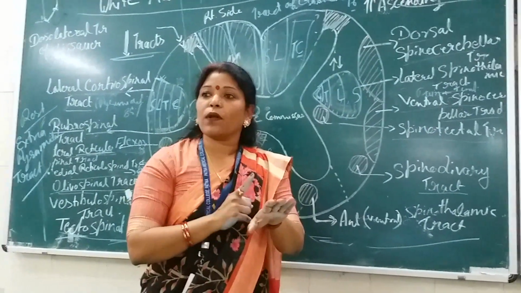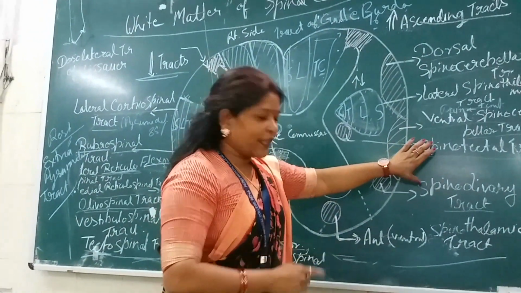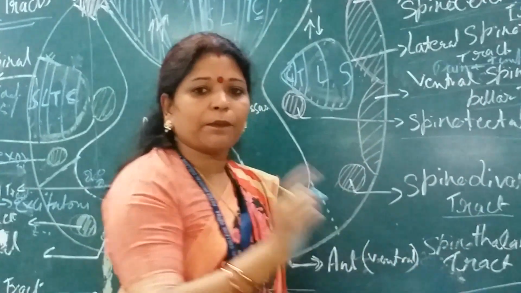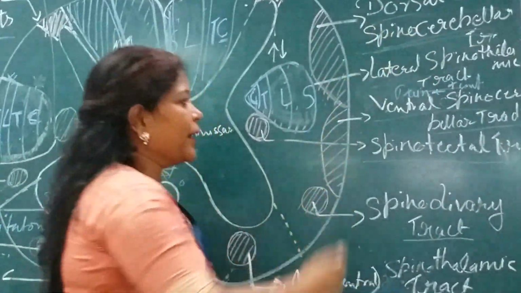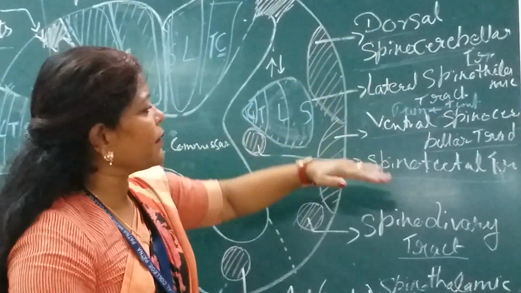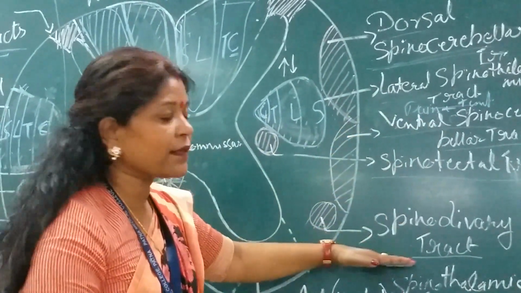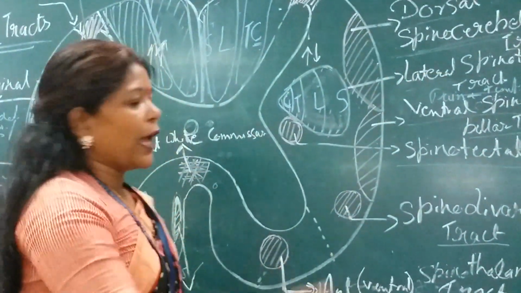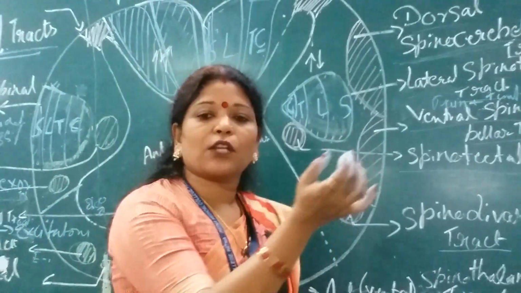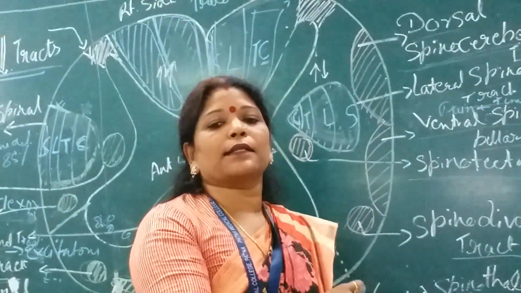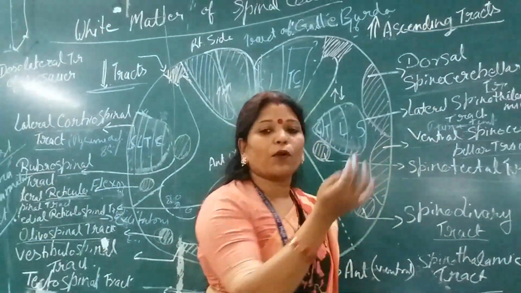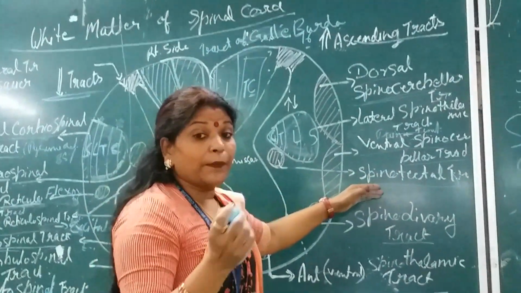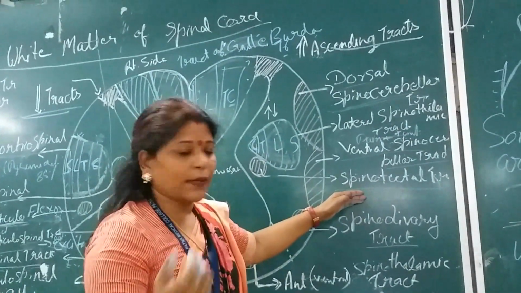The unconscious proprioceptive impulses, a very important point here, will be carried by the dorsal spinocerebellar tract, the ventral spinocerebellar tract, as well as the spinoolivary tract. The spinoolivary tract has the same function. Other than the unconscious proprioceptive impulses, these tracts also carry some light touch and pressure sense from the exteroceptive impulses.